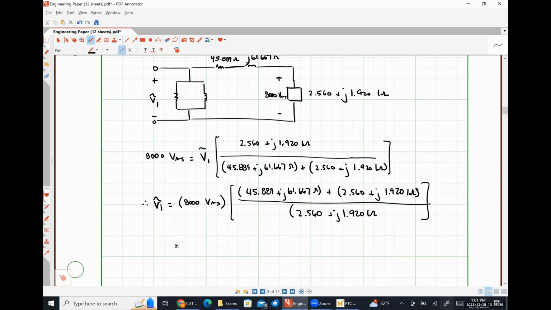Put it in English form. $8,184.46 with an angle of 0.382 degrees volts RMS.